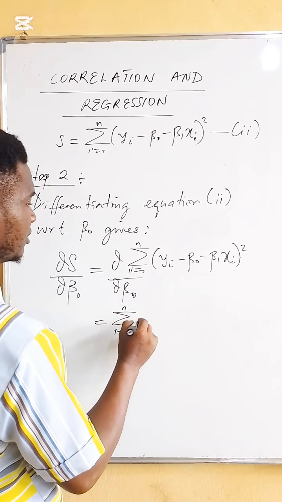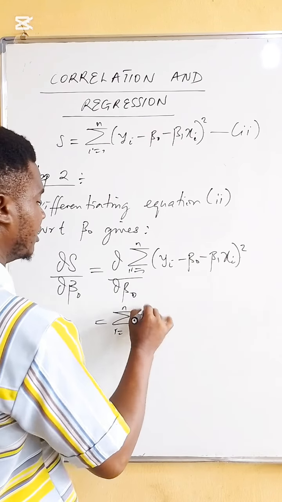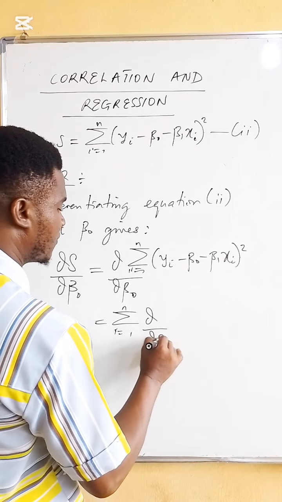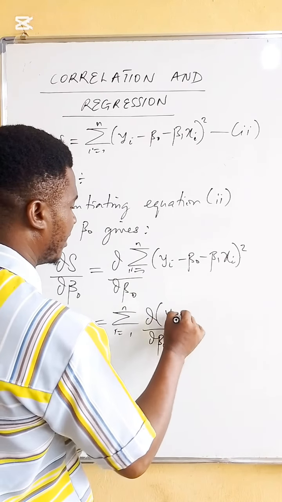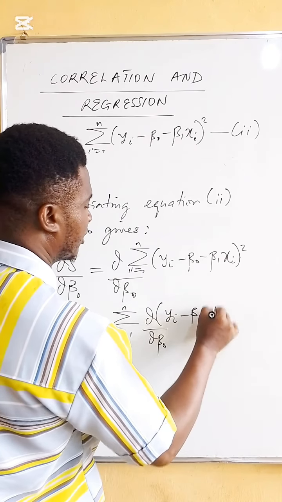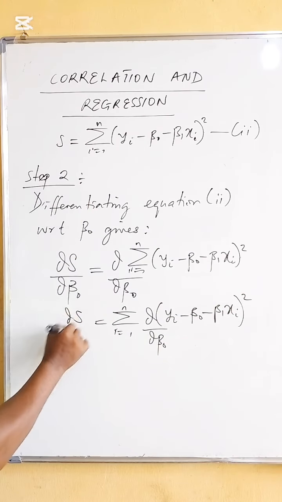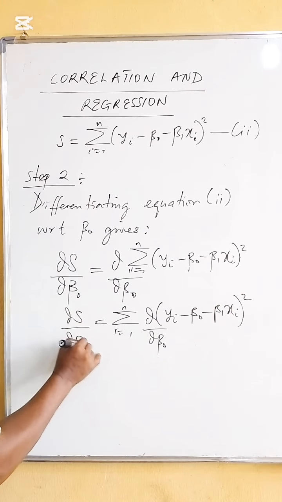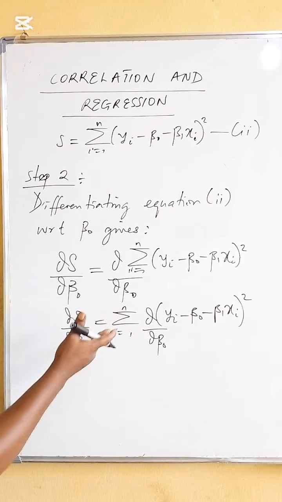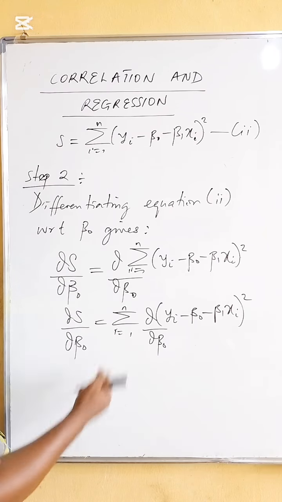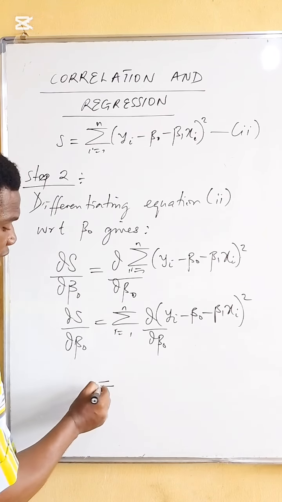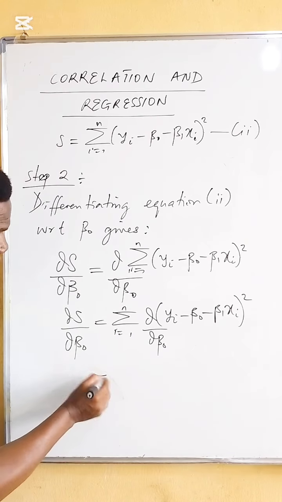So this comes out and the derivative goes in with respect to beta naught of (yi minus beta naught minus beta 1 xi) all squared. So at this point, this is what you are going to have. This does not mean that the actual differentiation has been done.